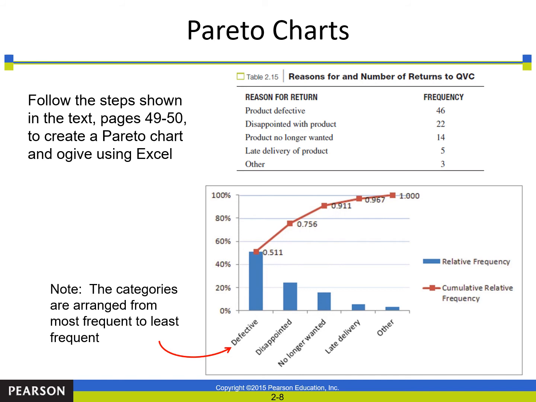You can see that we start with 0.511, so that's 51% of all returns are related to product defective. Then we add the percentage for the next category, and we get 0.756. That's the total percentage of returns whose reasons are product defective or disappointed with product, and so forth.